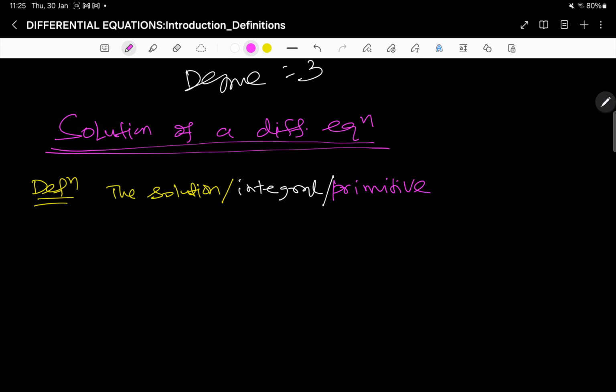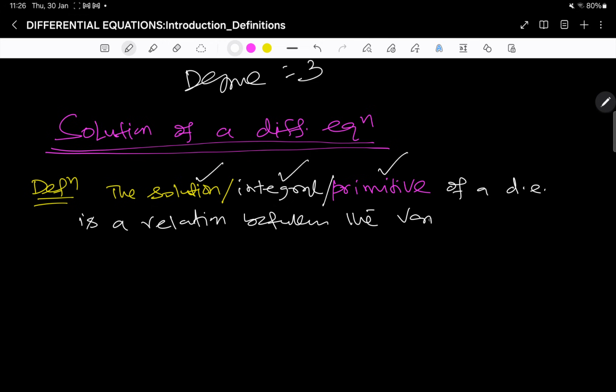Now coming to the solution of a differential equation. The solution, or we call it an integral, or we call it the primitive of a differential equation, is a relation between the variables involved in the equation which satisfies the differential equation.